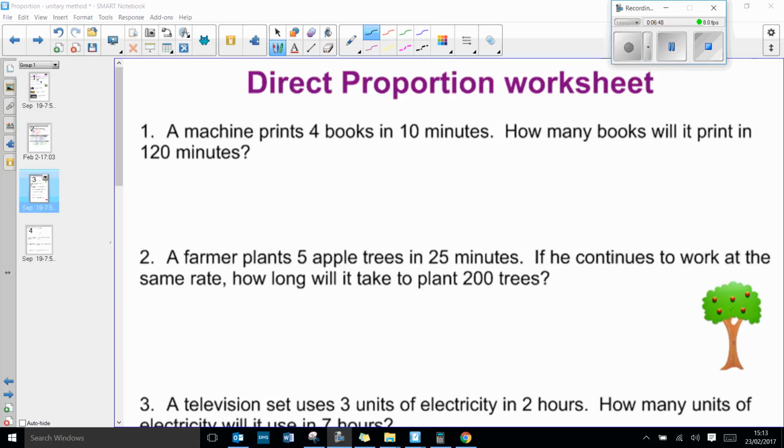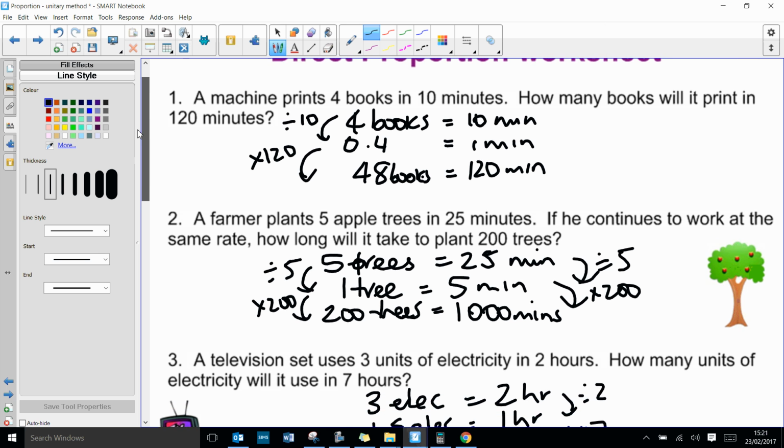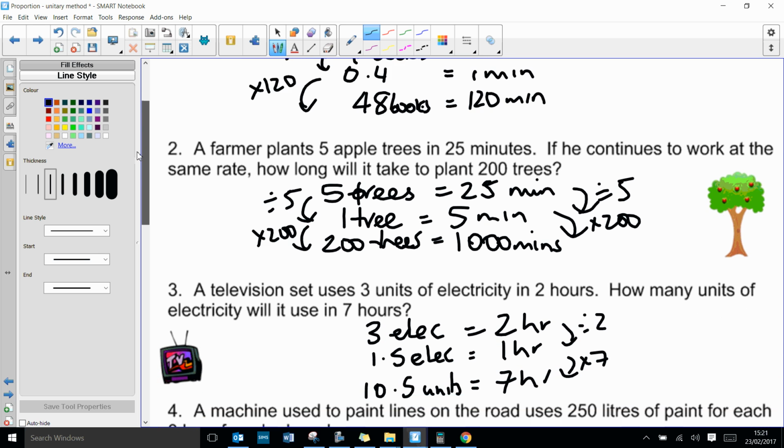So I would suggest pause the video now, have a go at the questions that you can see on the next 2 pages, and then unpause it when you've had a go at them and you can check your answers. You can just slowly scroll through, pausing when necessary.